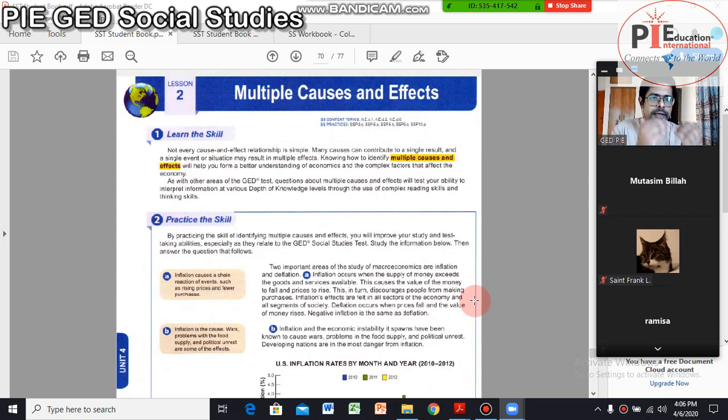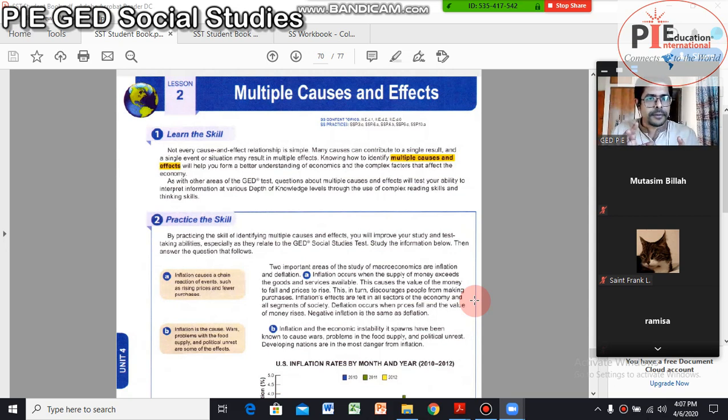So the value has fallen down. In order to be equivalent to that value, you have to put in more money to justify the value.